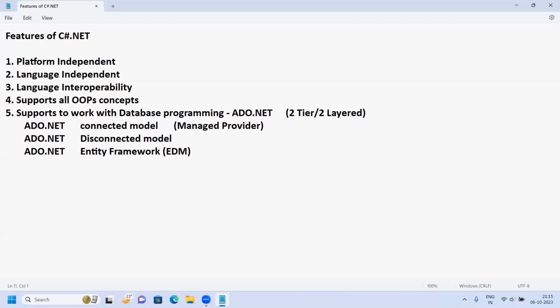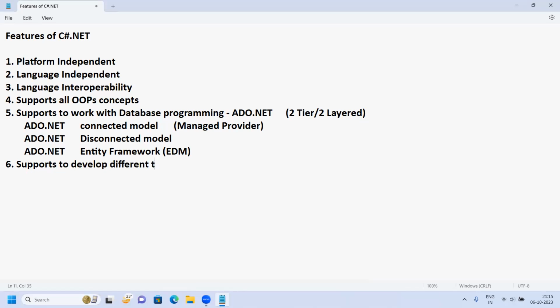This is theoretical for now. At this stage I can't show you how database programming works; when I start the topic we'll discuss it.